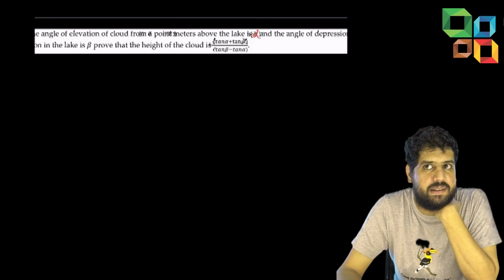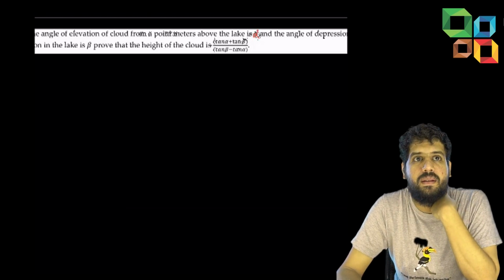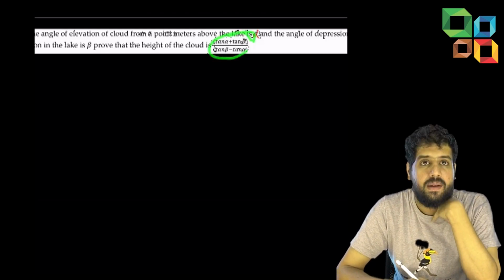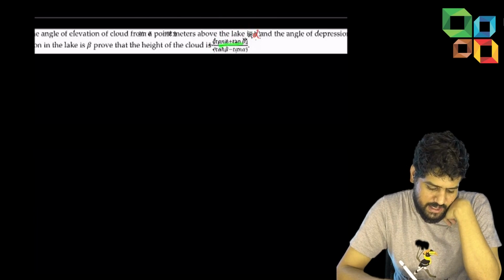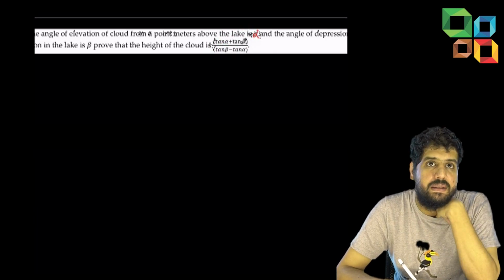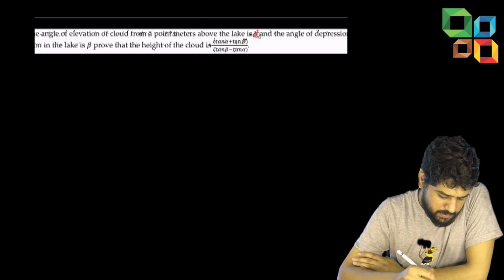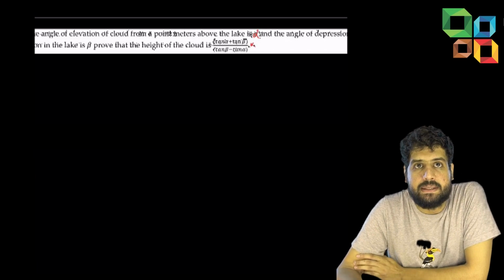Using dimensional analysis, can you guess why this is wrong? This would be dimensionless, but the height has to have dimensions of length, and there are no dimensions of length here. So probably there is some factor, maybe something multiplied by x.